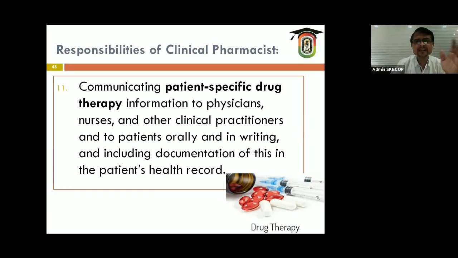So you might have seen that the patients who are admitted in the hospital, at the bedside they have a particular record, health record of the patient, generally written on a notepad. So in that the clinical pharmacist has to record the therapy and the communication that is done with the physician.